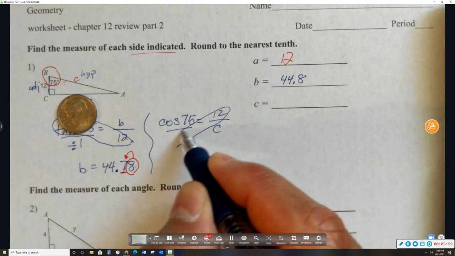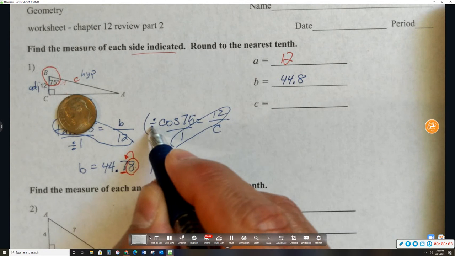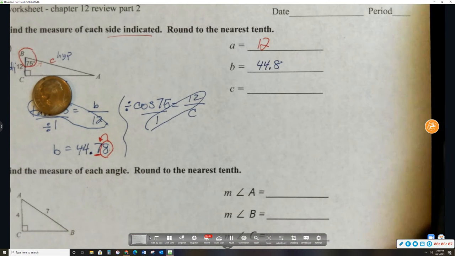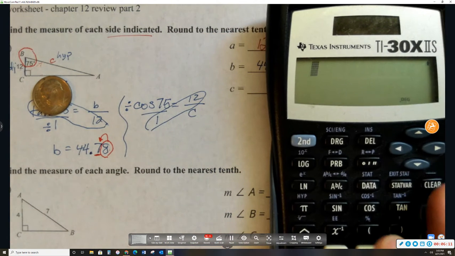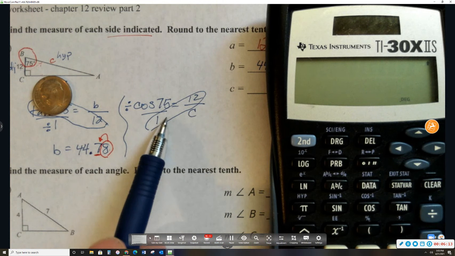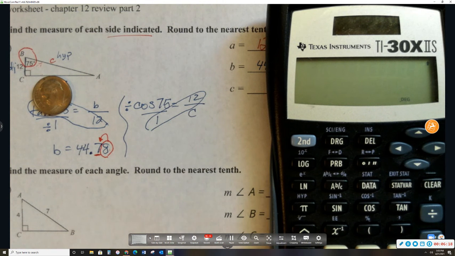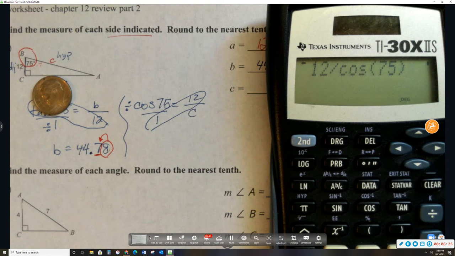We cross multiply so we don't grab the variable, and then divide by what's left over. I'm just going to scoot it over a little so I can type it in the calculator. Again, whatever I have in the bubble gets typed in first: 1 times 12, and then divided by what's left over, divided by cosine of 75. Close the parentheses, push enter.